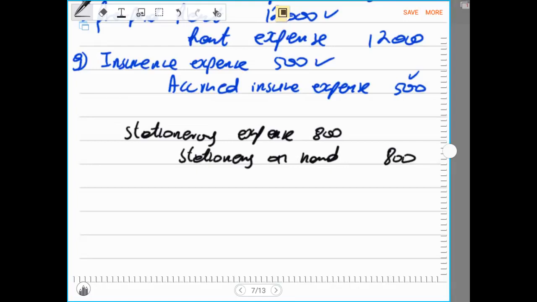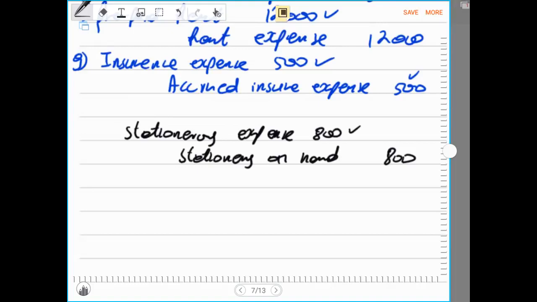Why are we doing this? It is because the stationery, which was 800 opening balance, would have been used during the year. And the stationery of 800 will be transferred to an expense account.